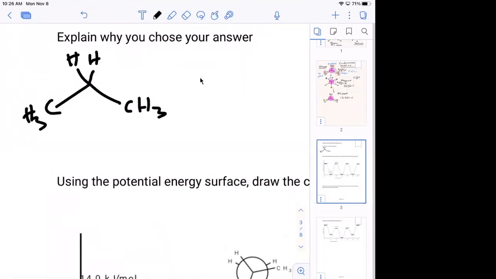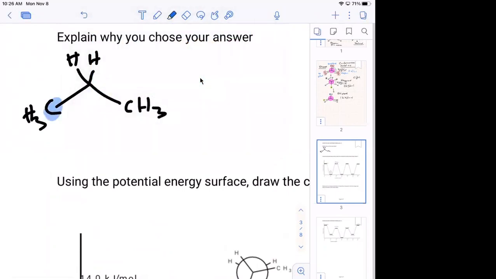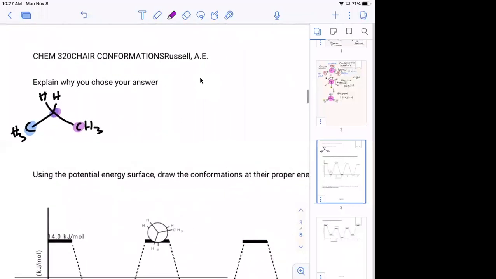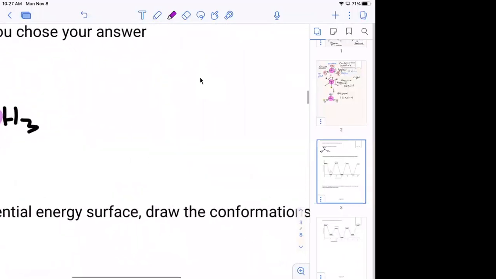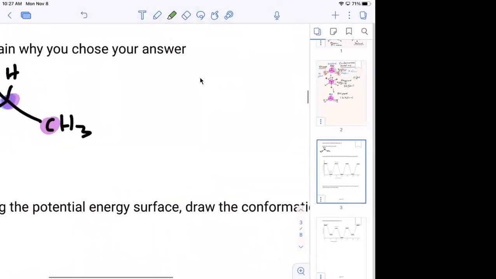When we want to draw a Newman projection, we either do these 2 carbons right here, or we'll do these 2 carbons. You always have to pick which carbon bond you're looking down. It doesn't matter which one we pick, we're going to get the same thing. So we're going to do just what we did down below. We're going to make the CH3 the front carbon.